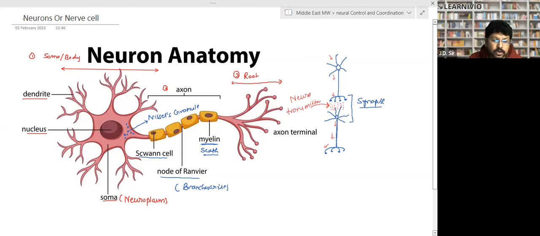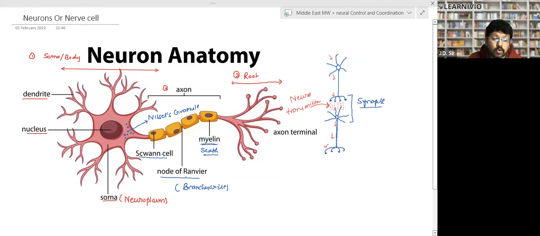Outside of the axon there are Schwann cells. Schwann cells secrete a special kind of protein, myelin protein. Myelin protein makes a covering or sheath around these axons. But the myelin sheath may or may not be present in any neuron; it is not mandatory. There are some joints from where branches come out.